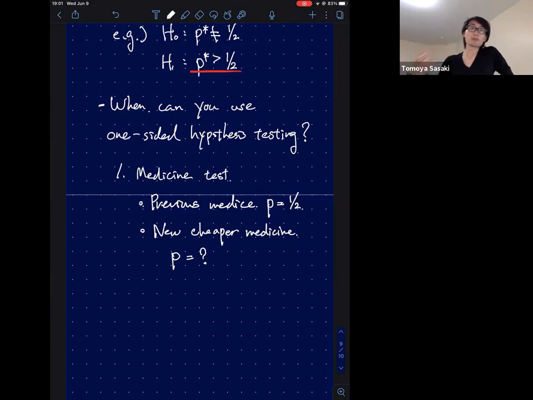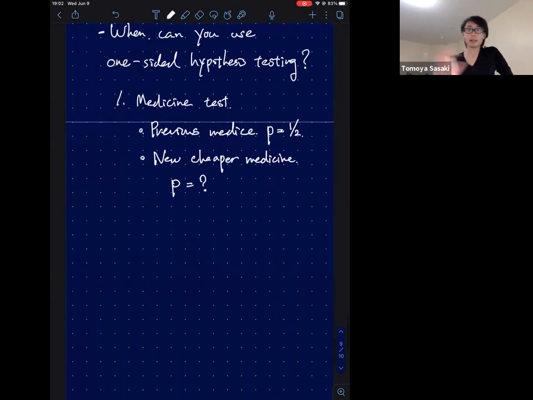But what you want to know is whether this cheaper new medicine is less effective than the previous medicine or not, right? So you don't care whether this new medicine is better than the previous one, but you only want to know whether it is as good as the previous one. Then this is a typical example of a one-sided test.